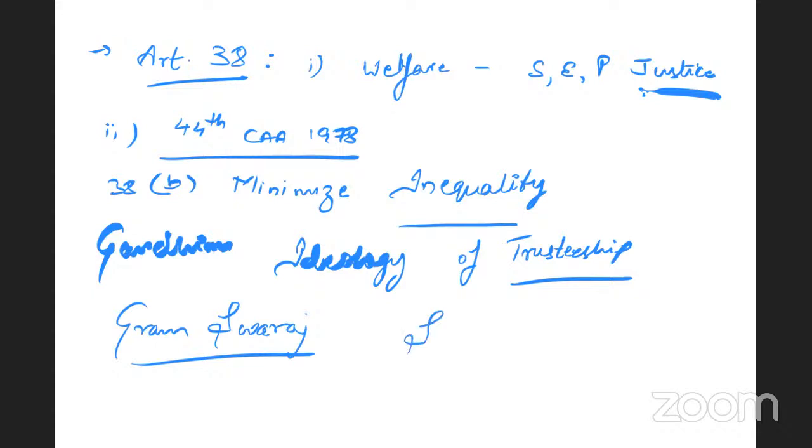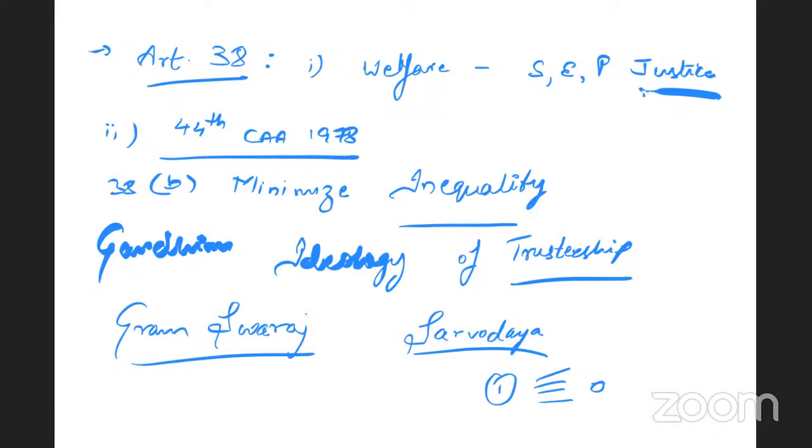And there's another concept of Gandhi's Sarvodaya. By this we mean that the good of one lies in the good of all, or the good of all lies in the good of one. So it means that the good of all people ensures the good of an individual.